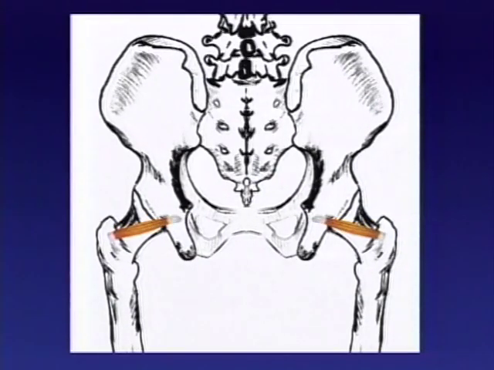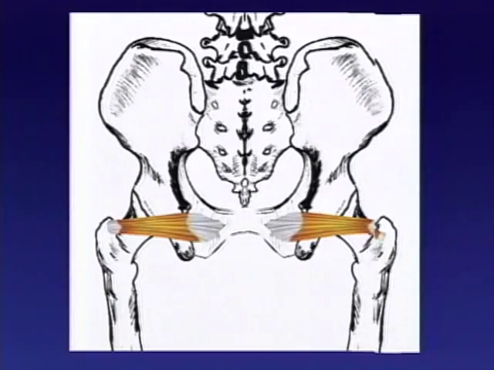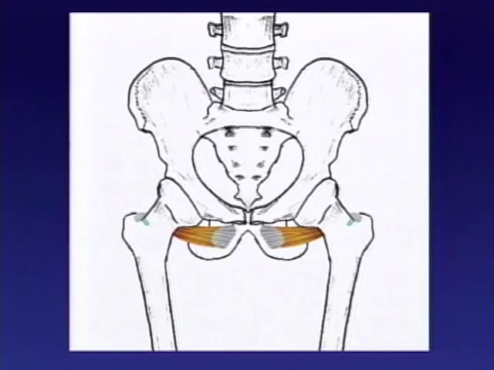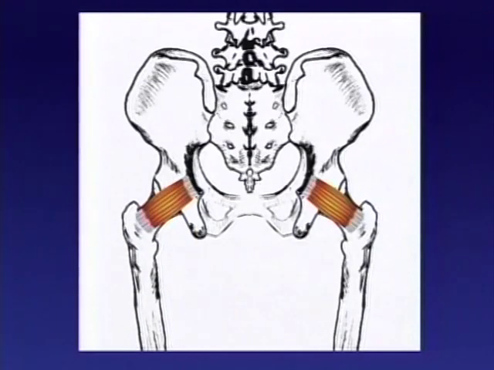The gemellus inferior originates on the ischial tuberosity and inserts on the greater trochanter of the femur. The obturator internus and externus originate on the obturator foramen and insert on the greater trochanter of the femur. And the quadratus femoris originates on the ischial tuberosity and inserts just below the greater trochanter of the femur.